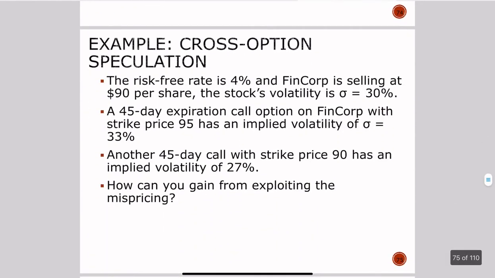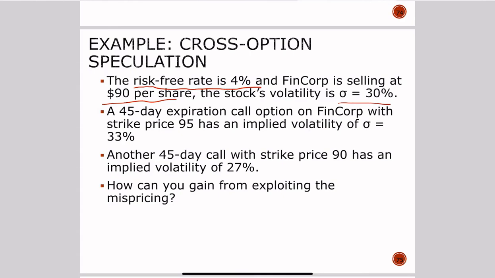Okay, now let's continue to look at another example, that is cross option speculation. So again, let's say we're still looking at the same firm. Let's assume the risk-free rate is 4%, and the firm is selling at $90 per share, and we assume the stock's volatility is 30%.